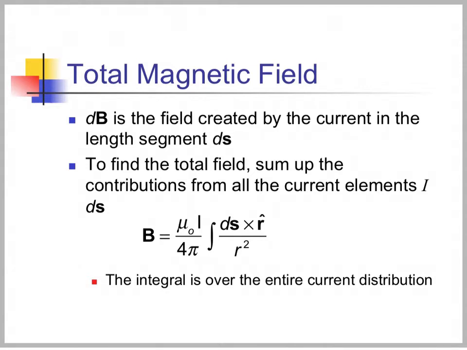And this integral is over the entire current distribution. Now this integral looks very complicated, and it can be, but we're going to break it up into parts. We're going to look at direction separately from magnitude and see if we can't get a hold on how to use this equation in a more simple method.